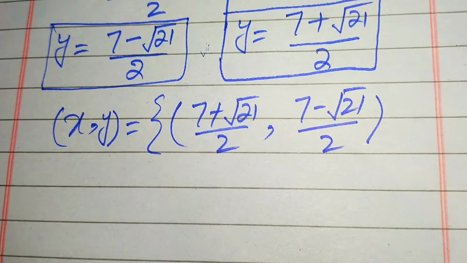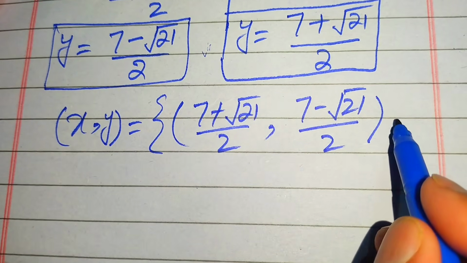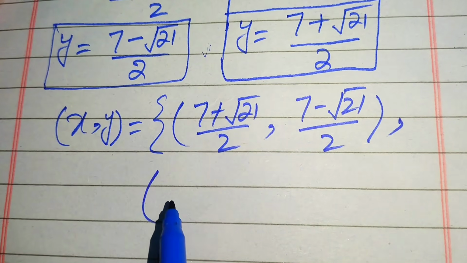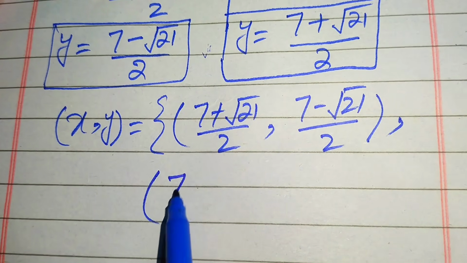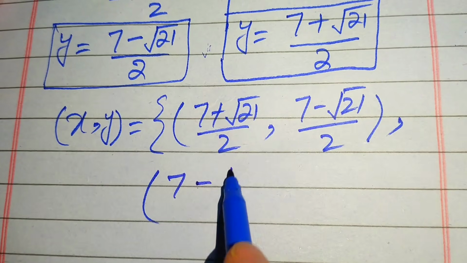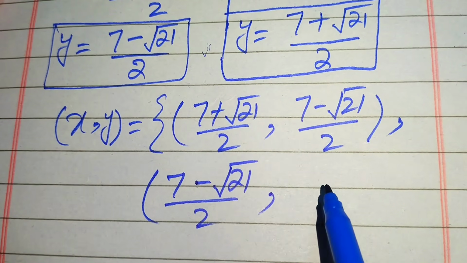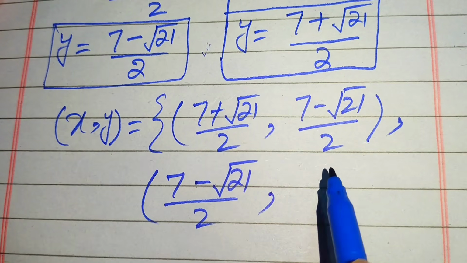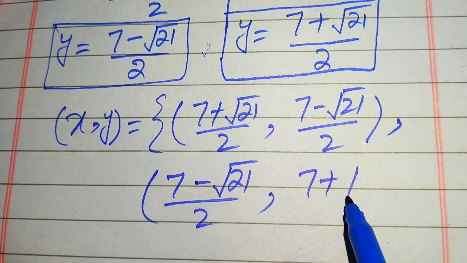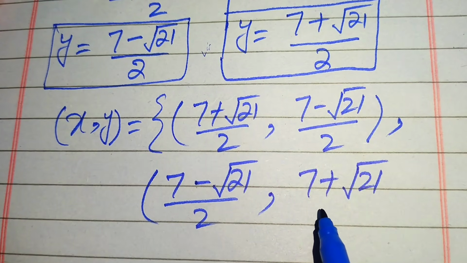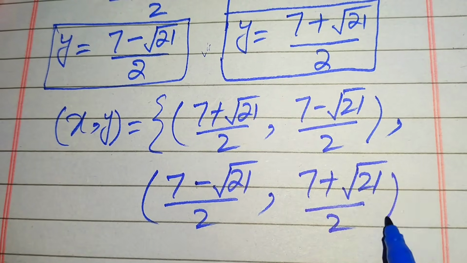This is the first ordered pair of solution, and now here in the same pattern, the value of x is 7 minus square root of 21 divided by 2, and the corresponding value of y is 7 plus square root of 21 divided by 2.